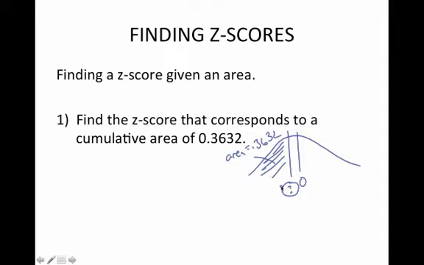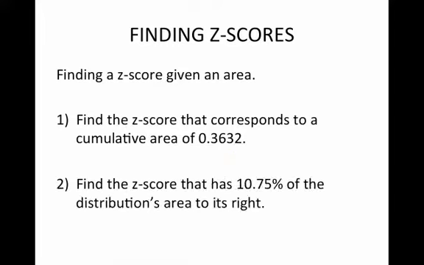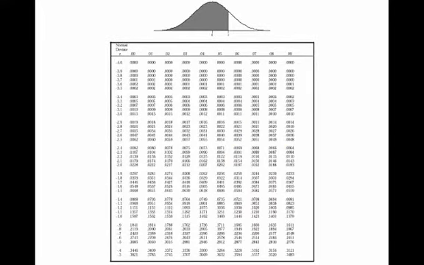So if you were using the standard normal curve distribution table, you'd have to find 0.3632 in the table, and then find the z-score that corresponds to it. So kind of headachy.